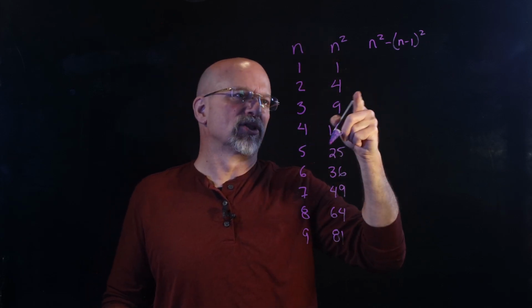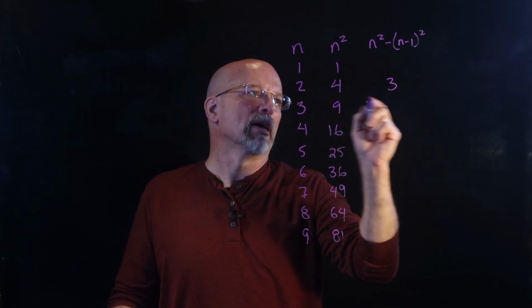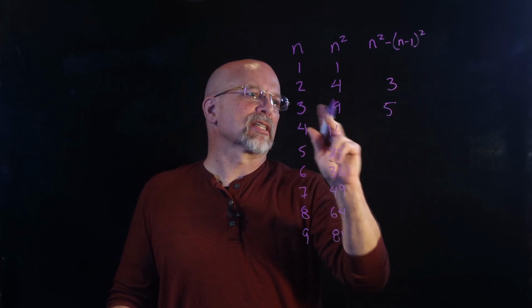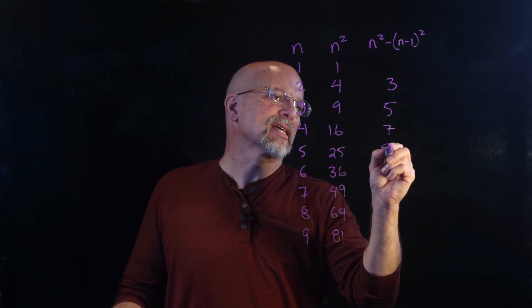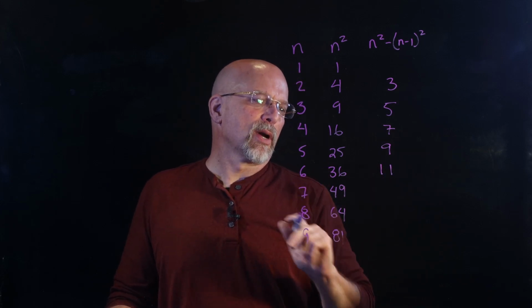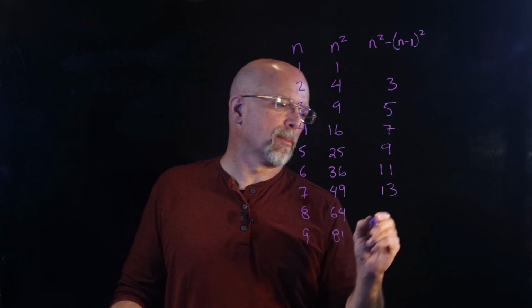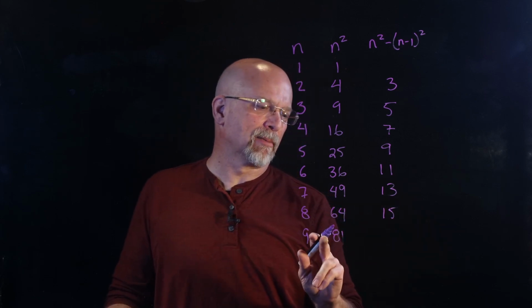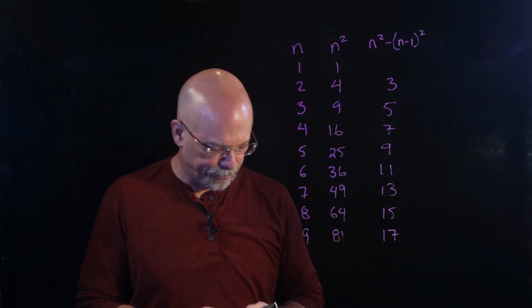I mean, you could do 0 squared, I guess, but 4 minus 1 is 3. 9 minus 4 is 5. 16 minus 9 is 7. 25 minus 16 is 9. 36 minus 25 is 11. 49 minus 36 is 13, 64 minus 49 is 15, and then 81 minus 64 is 17.